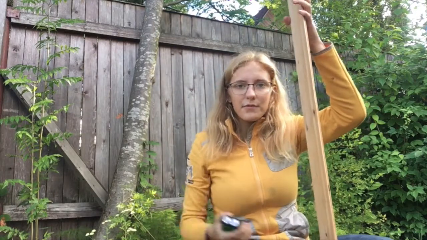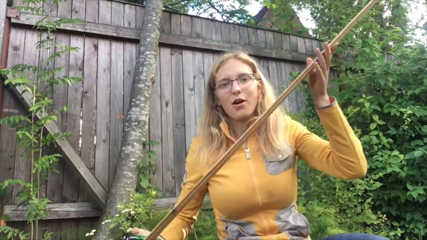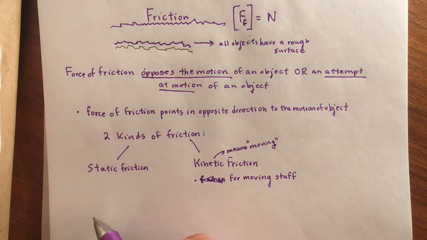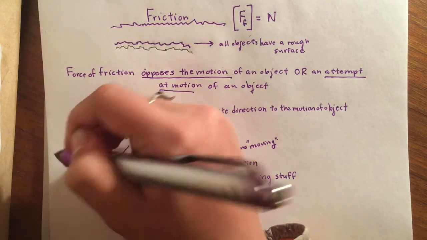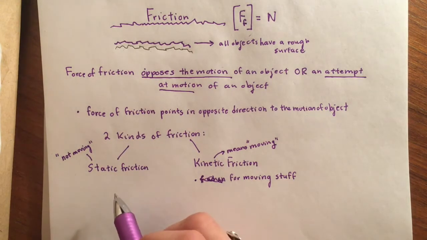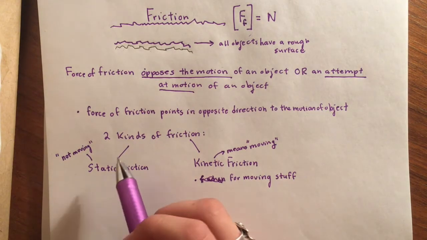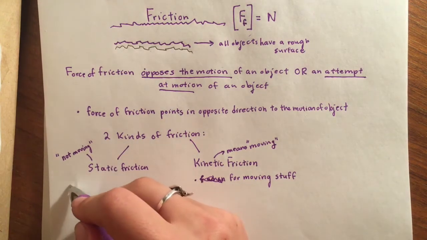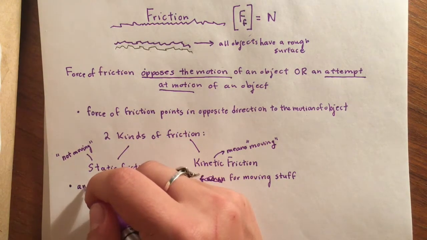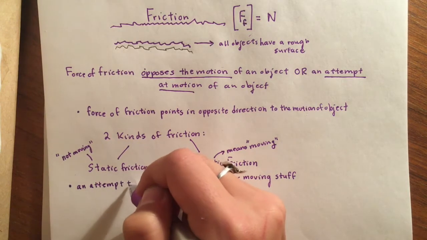So this whole time we've been talking about kinetic friction because our objects are moving. What about static friction? So static for us means not moving. And so static friction occurs when an object is not moving, but it's trying to move. So it occurs when there is an attempt to move.